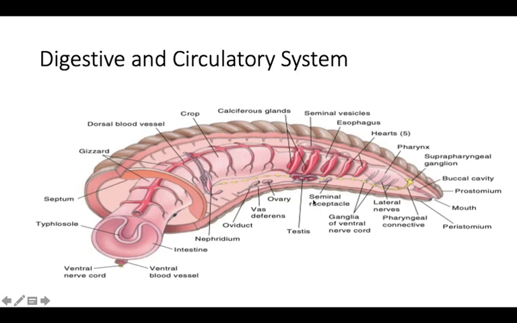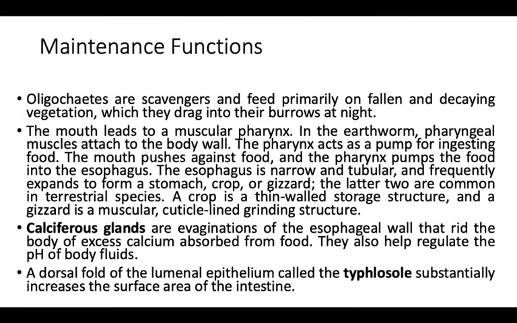This attachment of one earthworm to another is facilitated by the clitellum. Now the maintenance function, we have discussed it. Calciferous glands are invaginations of the esophageal wall that rid the body of excess calcium absorbed from the food and regulate pH.